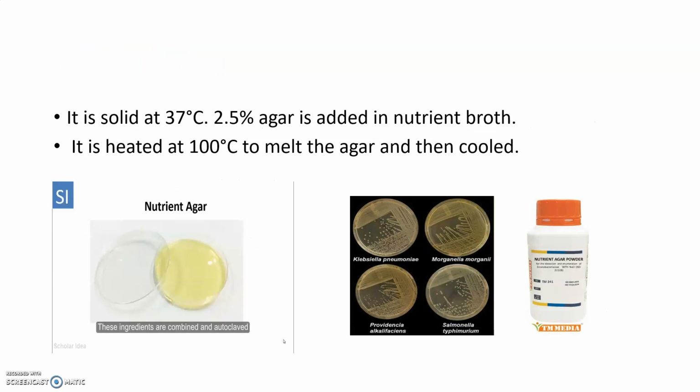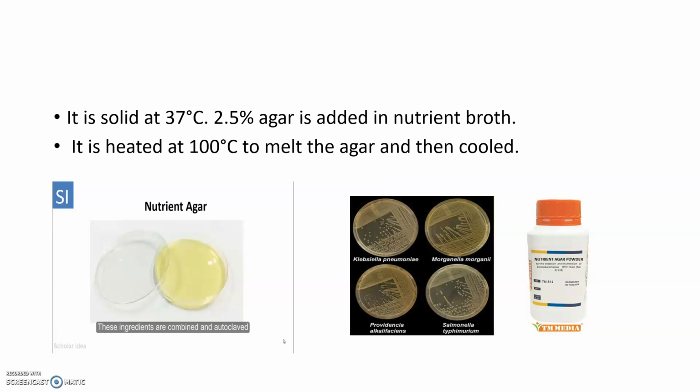In the method of preparation, it is solid at 37 degrees Celsius. 2.5% agar is added to the nutrient broth and thus it can be converted to nutrient agar. How? By heating it to 100 degrees Celsius to melt the agar and then it slowly gets cooled.